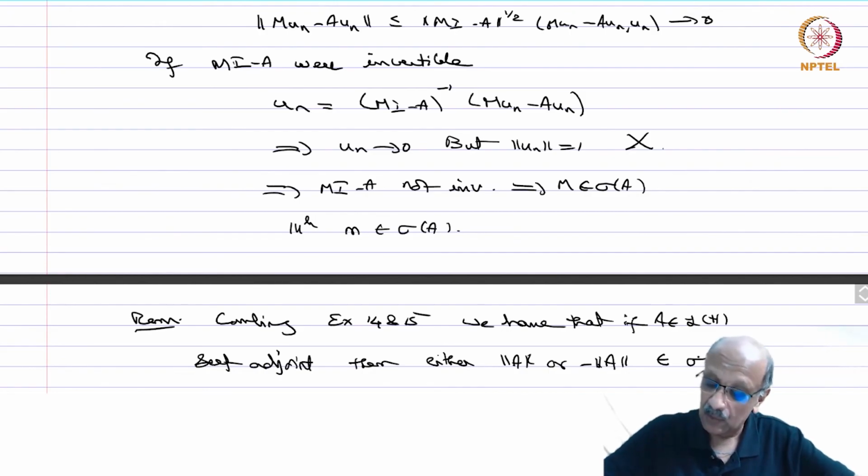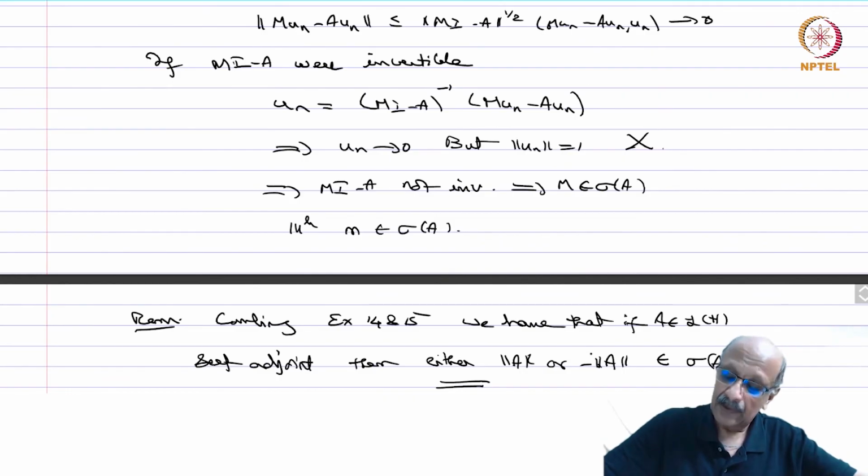We don't know how the thing behaves, and therefore one of them definitely has to be, because that is the supremum of the mod (Ax, x). So you will get either small m or capital M when you remove the modulus, and therefore one of them has to be in sigma of A. Okay, so we will wind up this chapter and we will take up another topic next time.